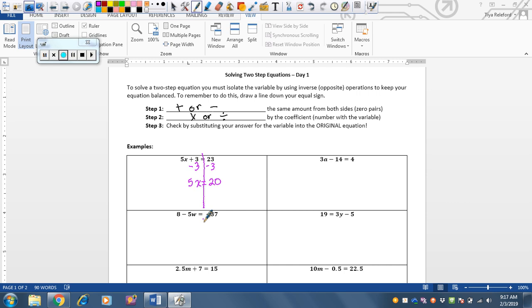And then you're going to rewrite the equation. Step 2 is to multiply or divide. Is 5 being multiplied times x or divided? It's being multiplied, so we are going to divide because we do the opposite. These cancel out. You're left with x equals 4. Good job.